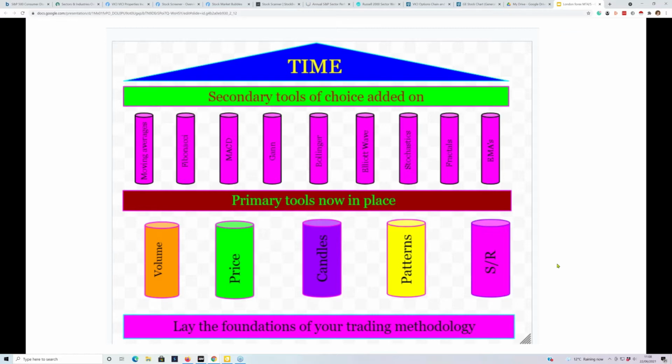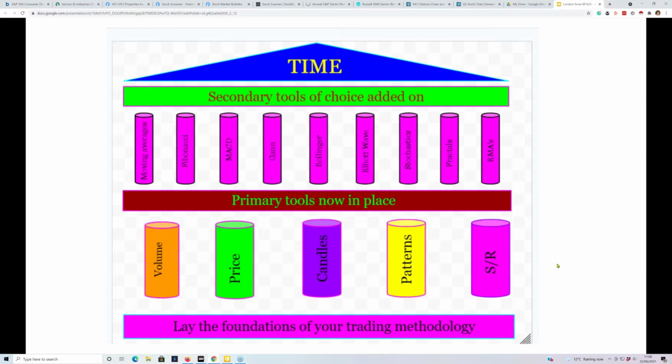Now, we call it support and resistance. You may have heard, what is the difference between that and supply and demand? Well, other than semantics, supply and demand is, if you like, a place where you're likely to get a reversal, because there are no more buyers. You're going to have sellers. There's going to be more supply than demand.